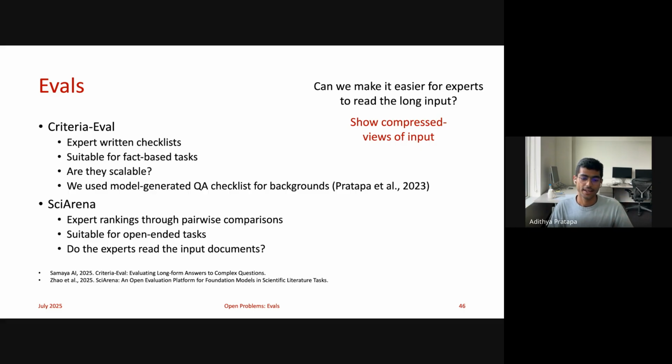And the user can selectively go ahead and explore the full documents underlying the input. For scientific literature, this looks something like we show the summaries of the outputs. Then for each of the cited papers, we first show the abstract. If the expert thinks this particular paper is important, they can read the abstract and then go into the paper and explore individual section summaries and then the full paper. So we don't show the full document to the user. We let them selectively expand the search space.